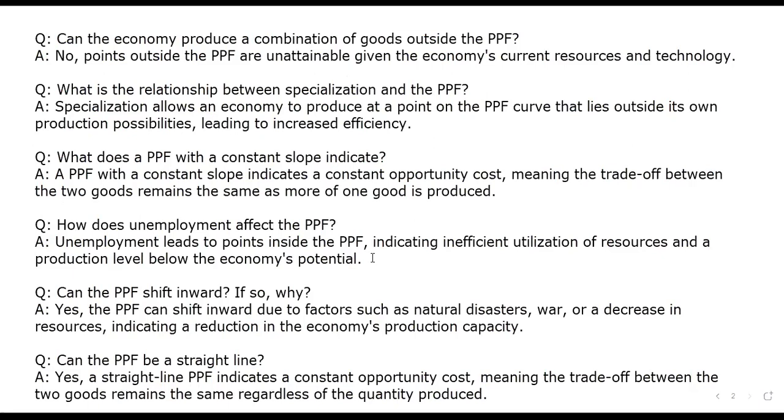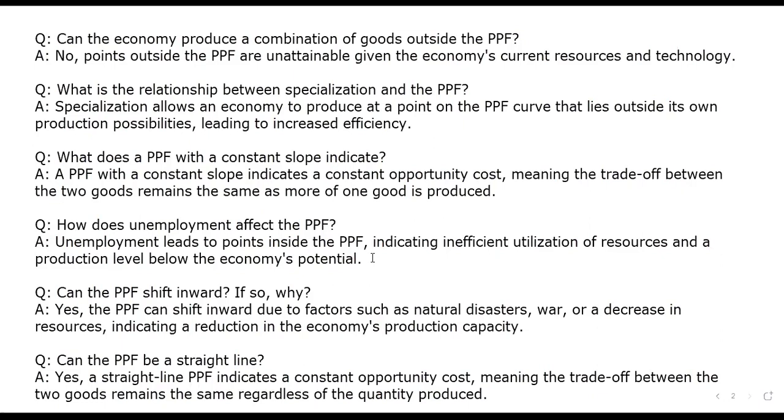So specialization will allow the economy at a particular given time, or at a point on the PPF, to increase in efficiency, thereby lying slightly outside its own possibility. So when you specialize, you become efficient.